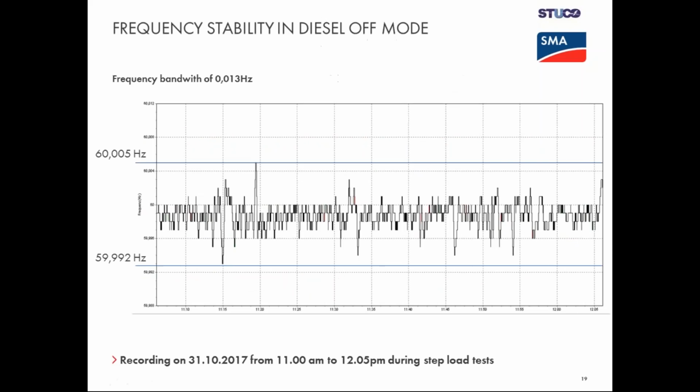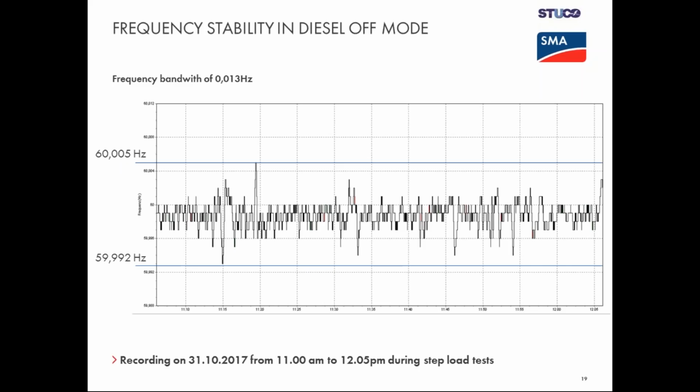Again, a look at the frequency. I picked these days because we had a very high resolution Fluke measurement device at the same time span. And you see that the frequency stayed in a bandwidth of 59.992 to 60.005 Hertz. It's very close.